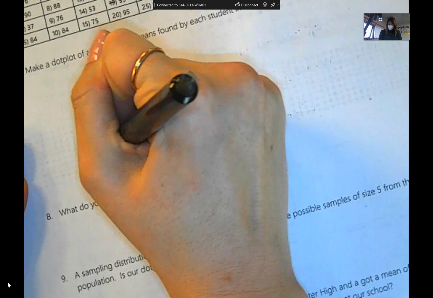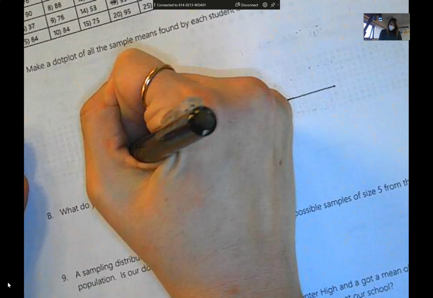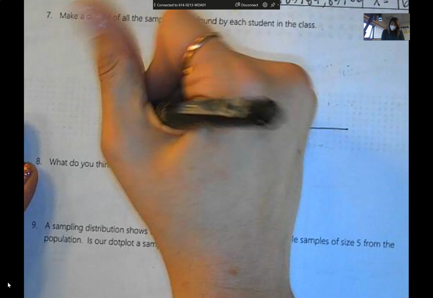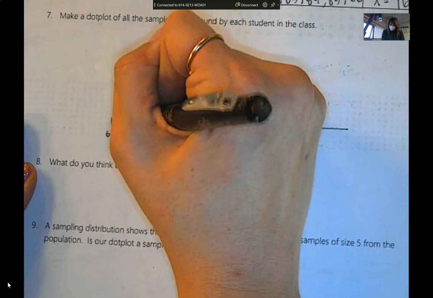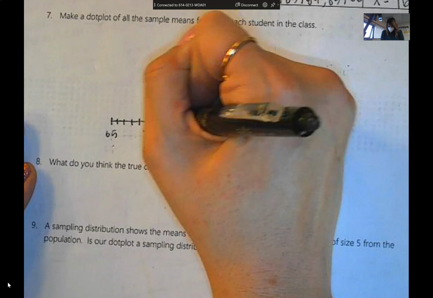And we're gonna have numbers in between this time. So you're gonna wanna leave a little bit of room because you're gonna need the tick marks in between. Like you're gonna need a 66, 67, 68, 69.